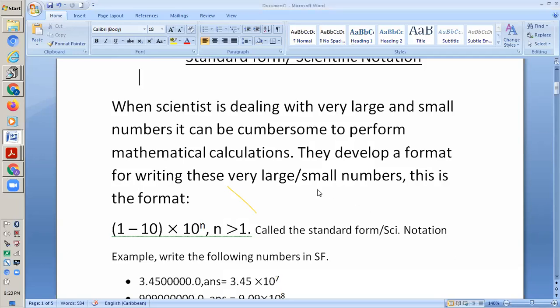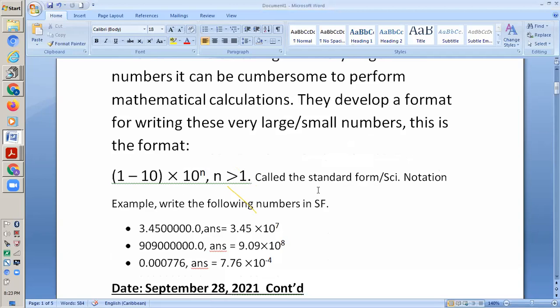Okay, so this is the form 1 to 10 times 10 to the n, where n is greater than or equal to 1. So let me give an example. Sir, can you remove the record thing from in front of what you're teaching?